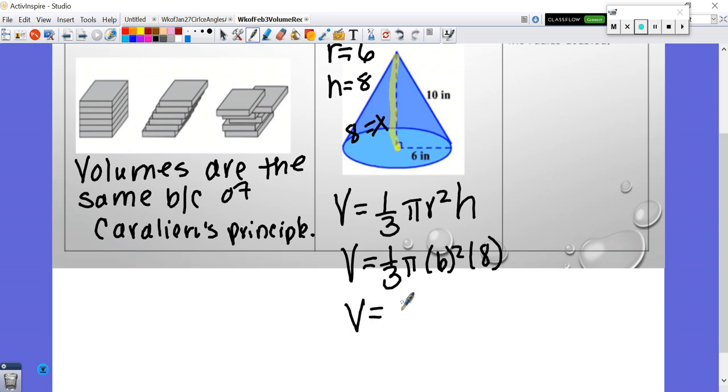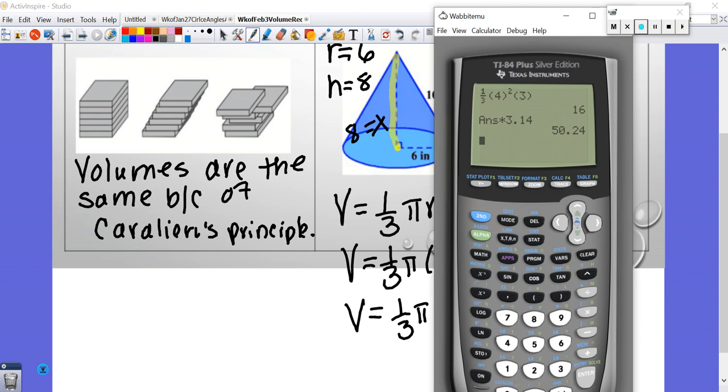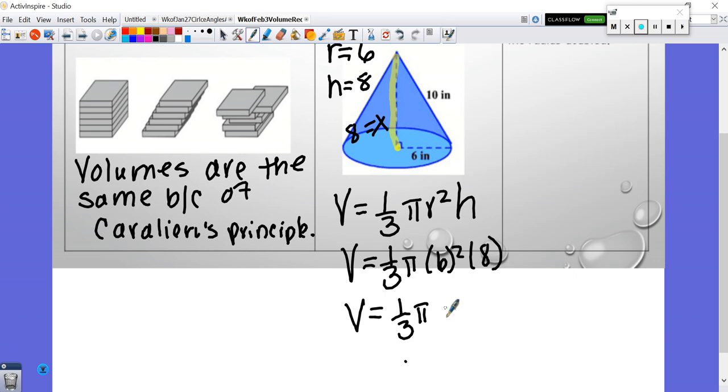So volume is 1/3 pi 36 times 8. That's going to be 180 plus 48, which is 228. And then 228 divided by 3 is 76 pi. So I'm going to go ahead and say 76 pi.